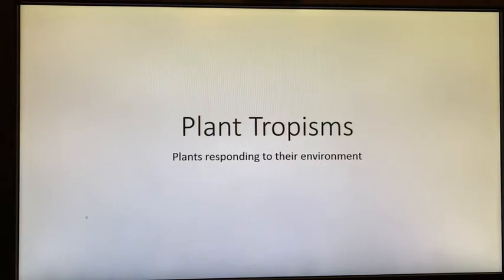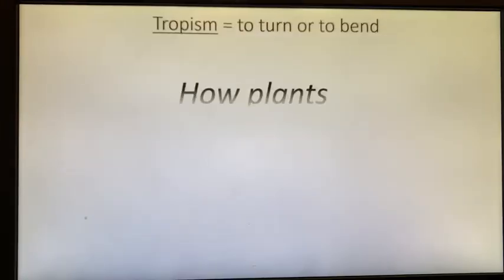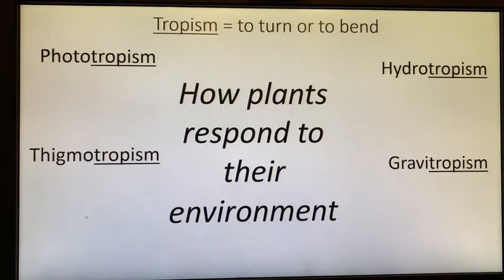Tropism, plants responding to their environment. So, tropism, a scientific word, means to turn or to bend. When we're talking about tropism, we're talking about how plants respond to their environment. There are 4 types of tropism: phototropism, hydrotropism, thigmotropism, and gravitropism.